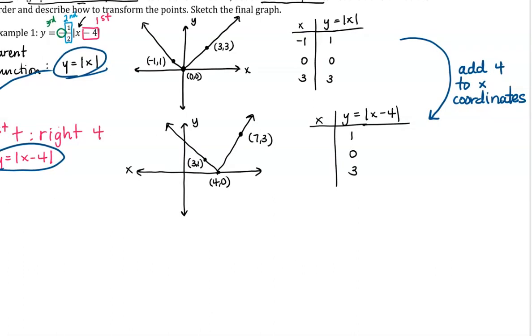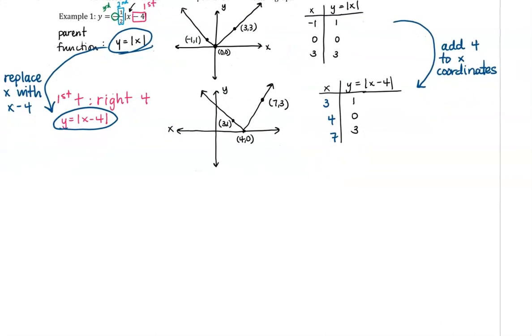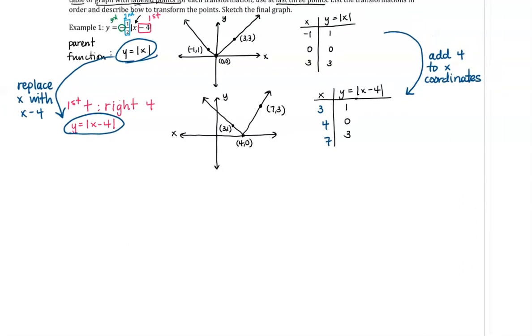But I'm going to take the x of -1 and add 4 to get 3. I'm going to take the 0 and add 4 to get 4, and I'll take the 3 and add 4 to get 7. And those are the same 3 points that we plotted on the graph. So now we're ready to move on and look at the second transformation.